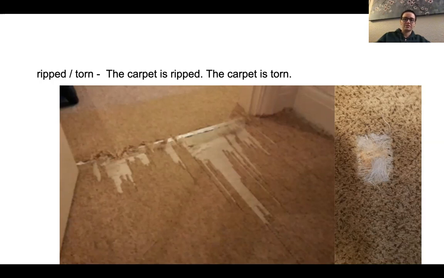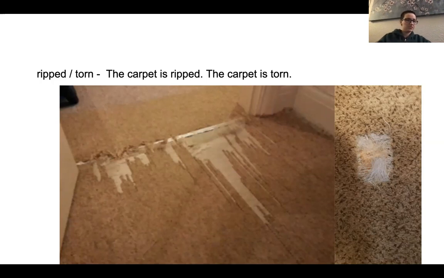The carpet is torn. So when we think of ripped or torn, many times we think of things like fabric, so like clothing. So if my clothing was torn, it would be torn. Carpet is not quite a fabric, but it's close to that.